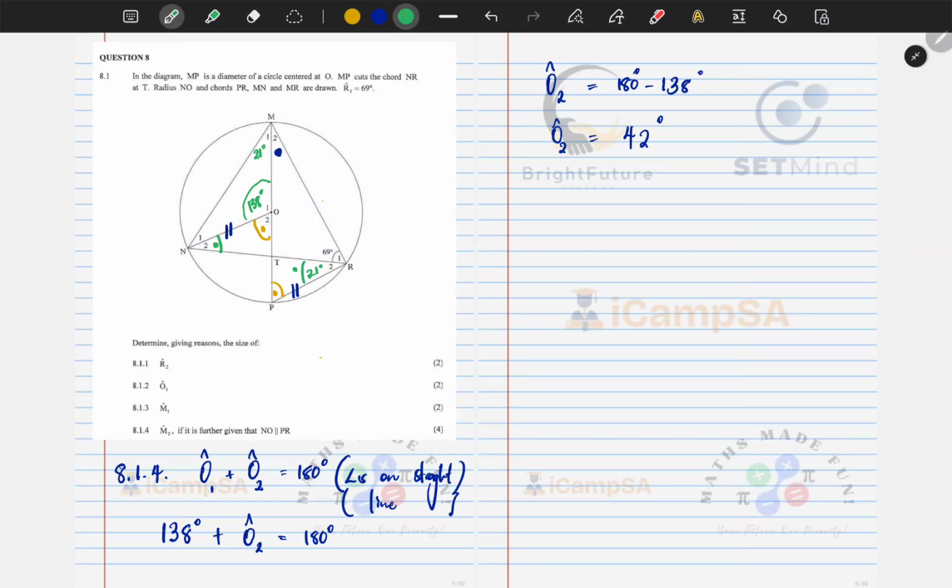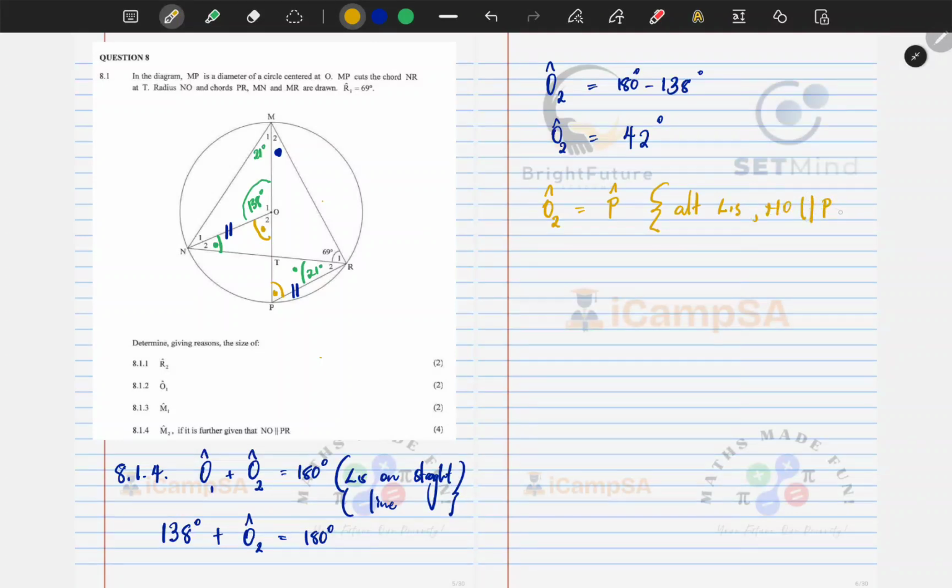Remember what we said. We said angle O2 is going to be equal to angle P. Why? Because we have alternate angles, and this is always important.